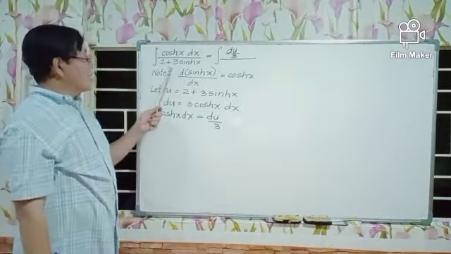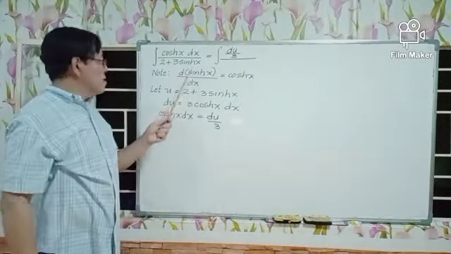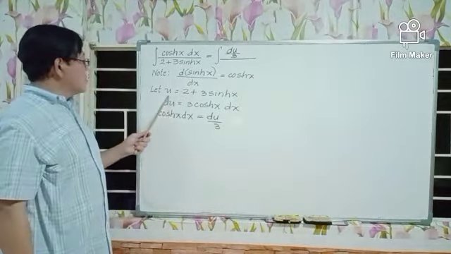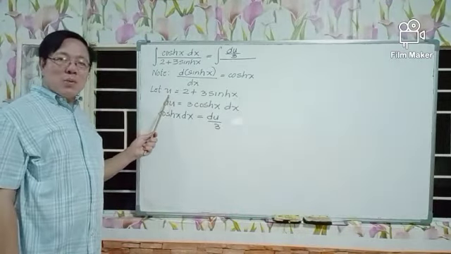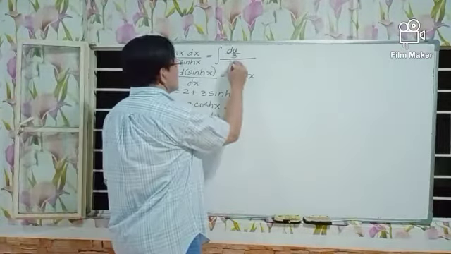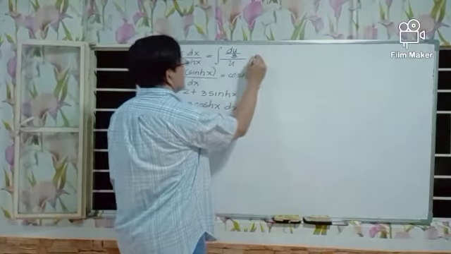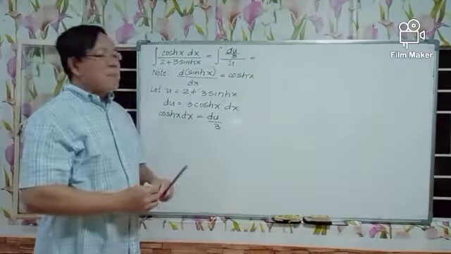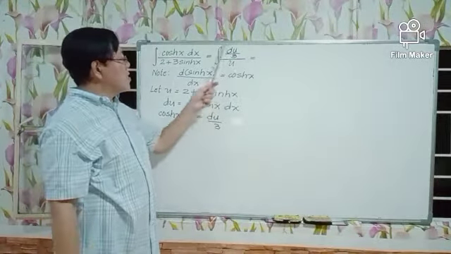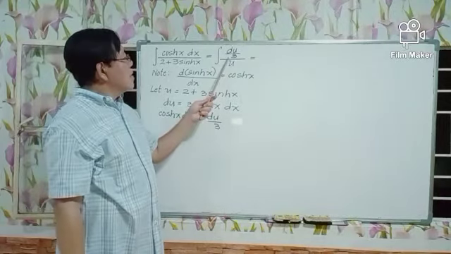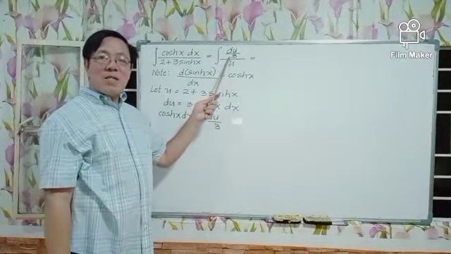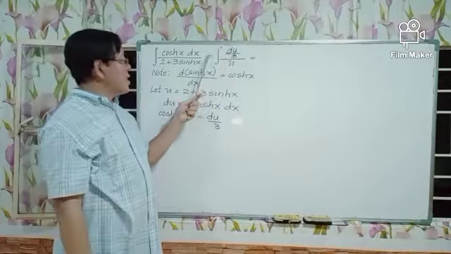over 2 plus 3 hyperbolic sine of x, which is what we let as u. And we simplify this expression, the integrand. Because 1/3 is a constant, we take it out of the integral sign.